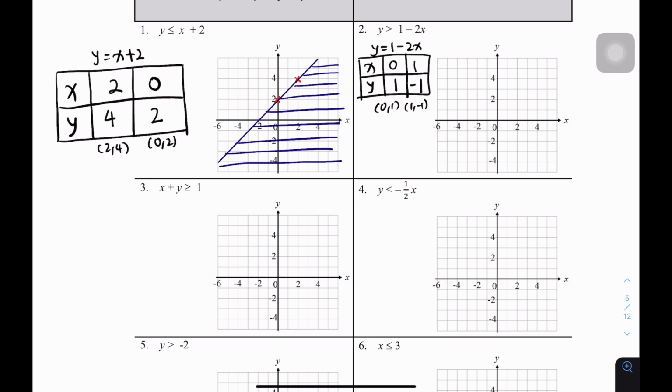Mana tadi point dia 0, 1. Over here 0, 1. And then 1, negative 1 over here. Okay, something like that. Boleh.